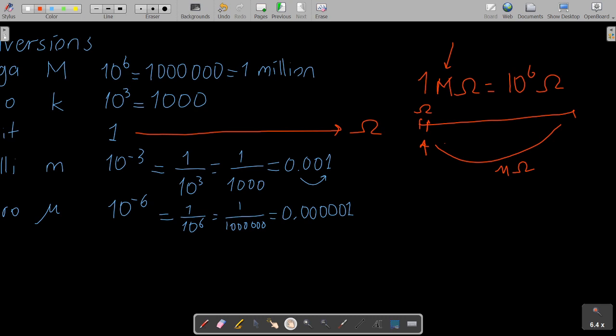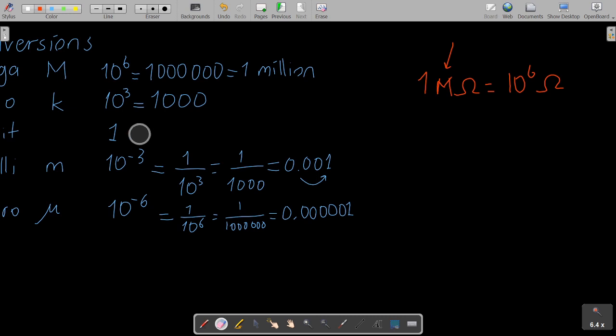If I know that, let me erase this part. So you need to be taking notes, because I will keep erasing some stuff to save space. So in your notebook you should write everything. If I know that 1 mega ohm is 10 to the power 6 ohms, what is 1 ohm in terms of mega ohm?